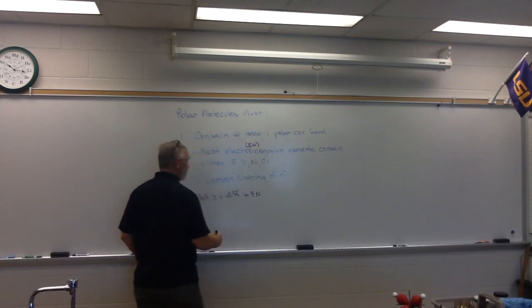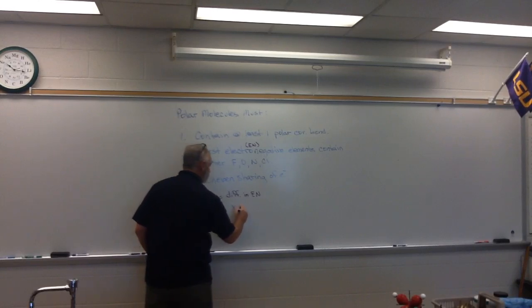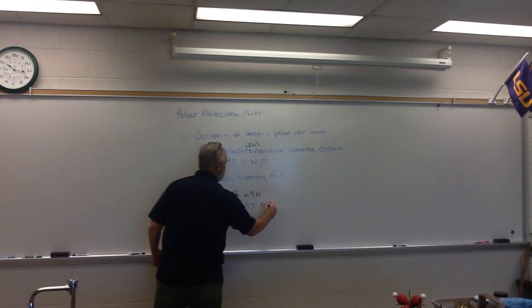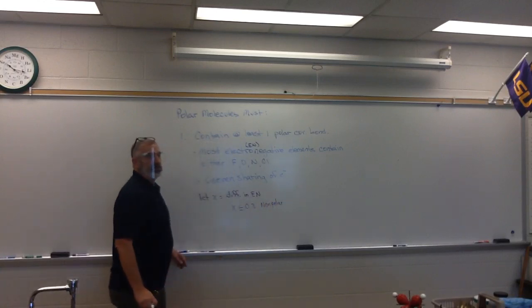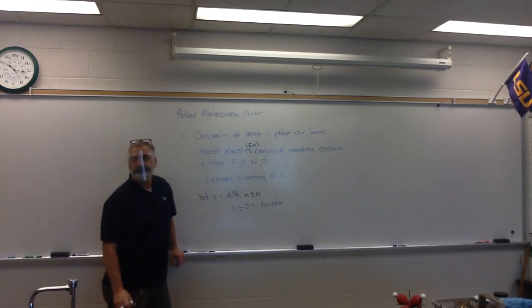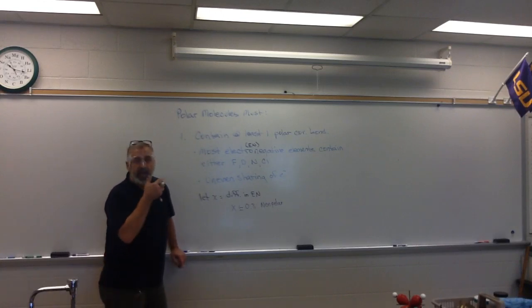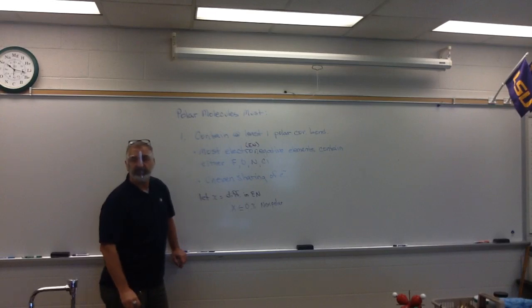If X is less than or equal to 0.3, we call it a nonpolar bond. What does nonpolar mean? It's not a rhetorical question. I'm expecting an answer. It's not polar, meaning what about the electrons?